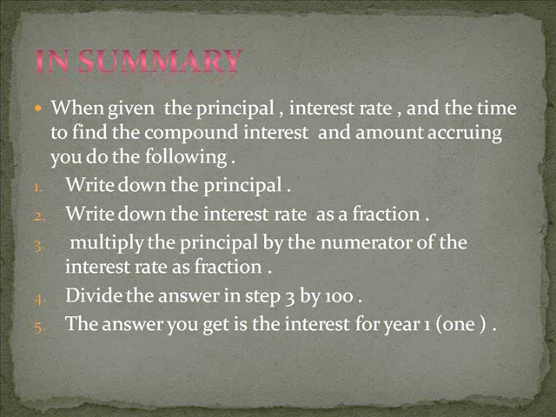Number 3, multiply the principal by the numerator of the interest rate as a fraction. And number 4, divide the answer in step 3 by 100. And number 5, the answer you get is the interest for year 1.